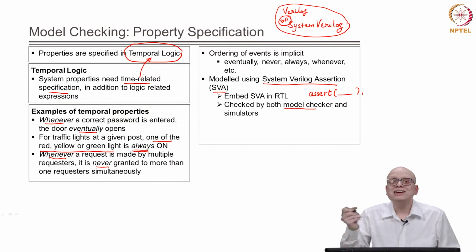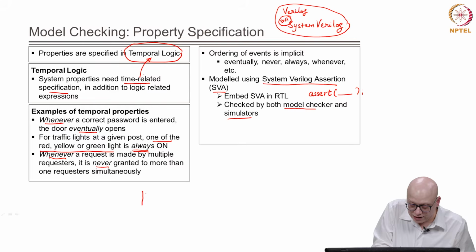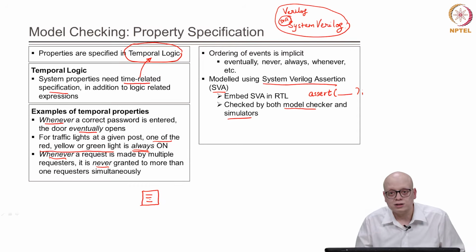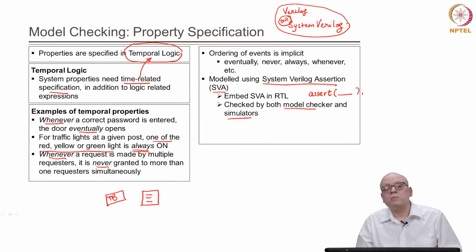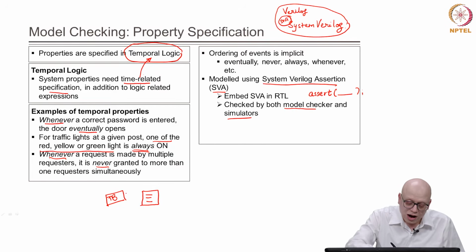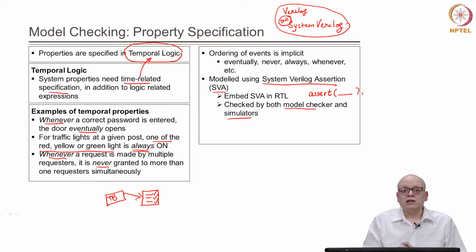They will also be checked during simulation. Whenever we have made our design, and inside this design we have written some assertions, and we have also written a test bench which provides input stimulus to this design during simulation based verification, then if any of these assertions or properties fail, the simulator will say that this assertion failed, and we can understand that the property was violated in our design for this particular test vector.